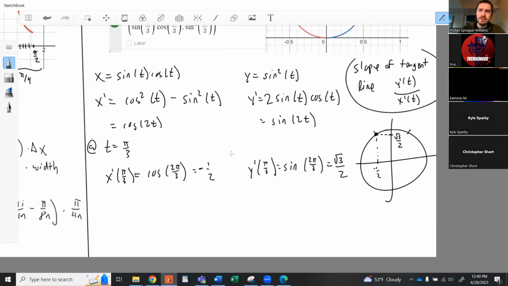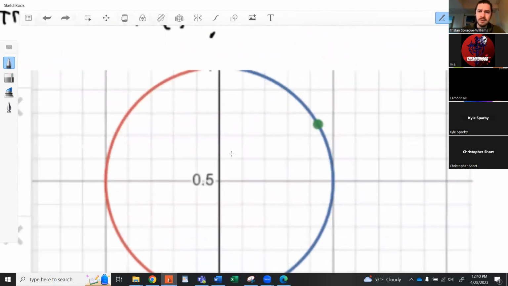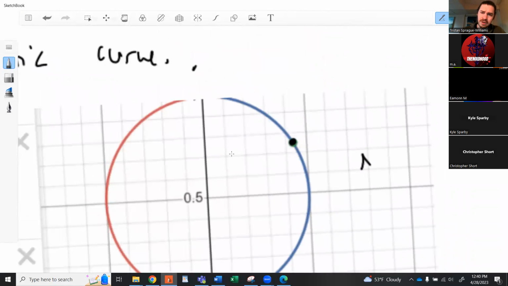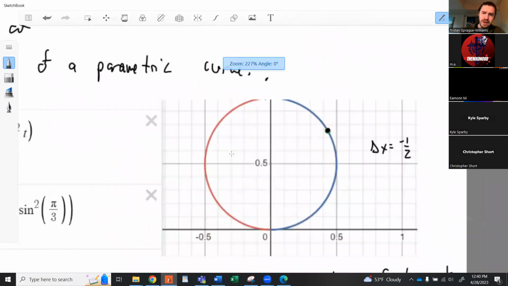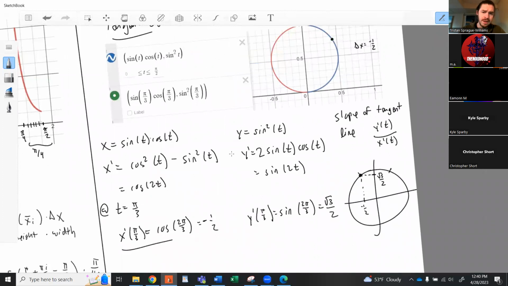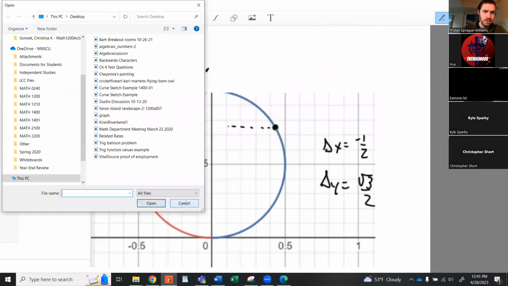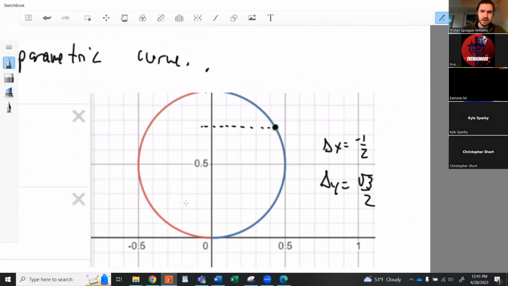Now, instead of finding the slope, what I want to do is come to this point over here and say, what if from this point we have a change in x, delta x equal to -1/2, which is our x prime at that point, and then delta y equal to square root of 3 over 2. 1/2 is this far, so delta x would be going back to about there.